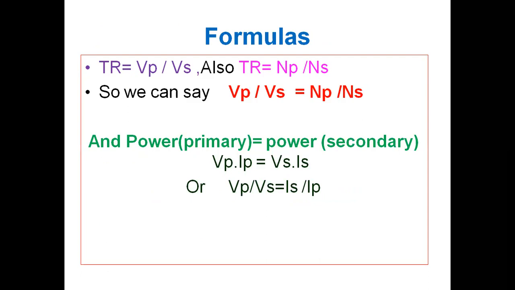In addition, remember the definition of a transformer, where power is always the same from primary to secondary. So based on that, Vp into Ip equals Vs into Is. All these formulas help us when we want to analyze the operation of the transformer in terms of EMF induced or in terms of the flux setup.